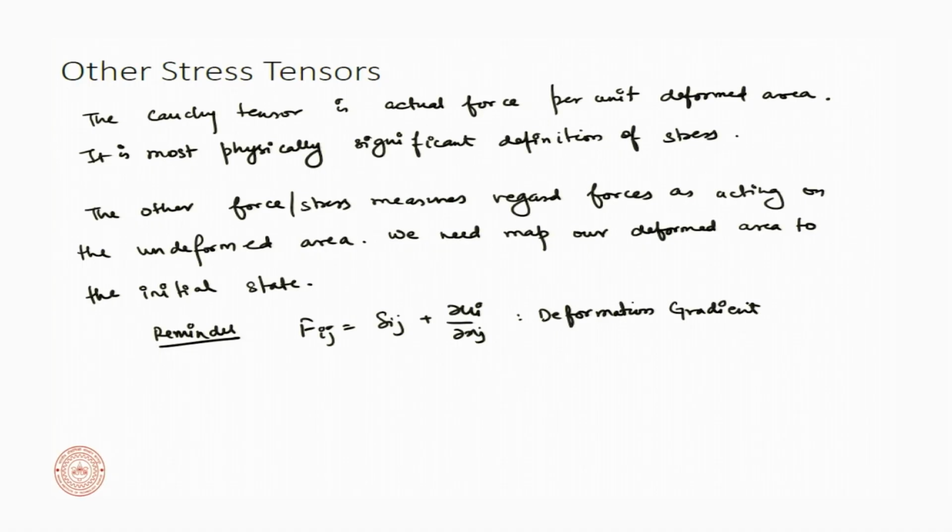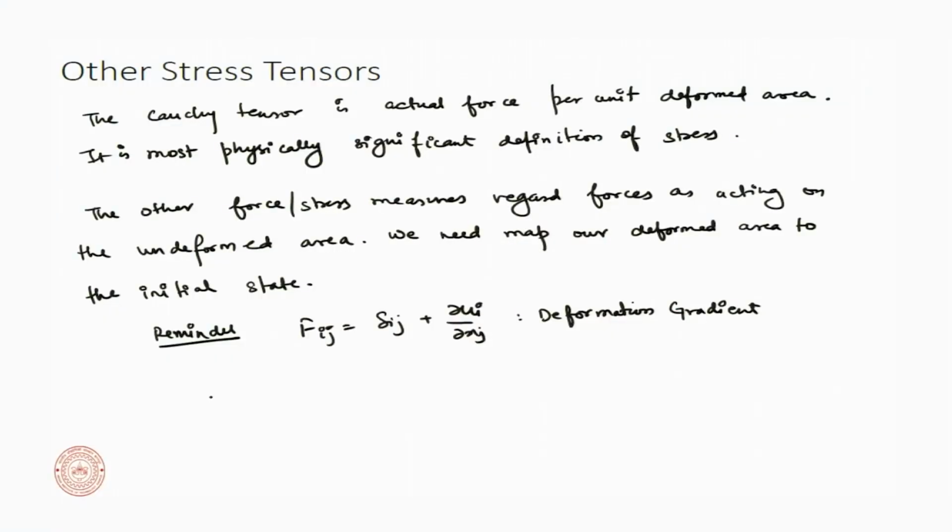We remember that yi was equal to xi plus ui, where x was the initial position, ui is the displacement, y is the final state. Del yi by del xj was equal to delta ij plus del ui by del xj. So, the gradient of our final position was equal to the identity plus the displacement gradient.